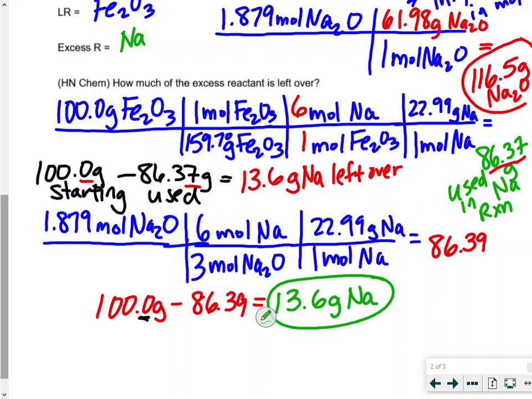So, you decide which way you like to calculate excess, because you can do it either way. It's fine, just have to show the work. Start with the limiting or start with the theoretical yield, and go from there. Any questions?